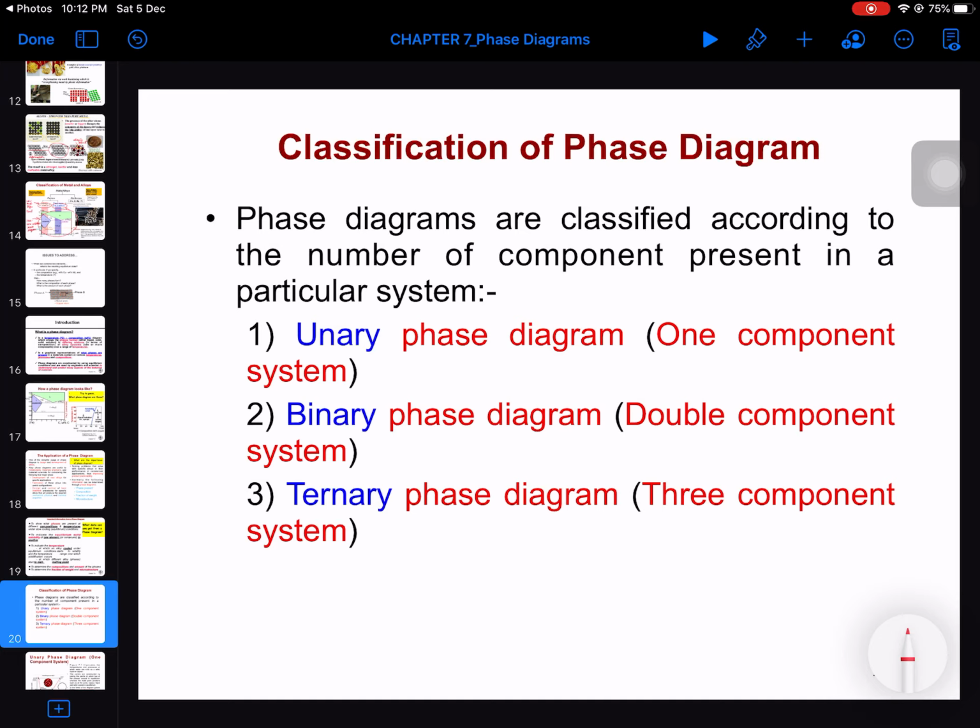The second one is the binary phase diagram. Binary refers to two elements. The binary phase diagram plots the different states of matter as a function of temperature for a system at constant pressure with varying composition for two components or two elements.